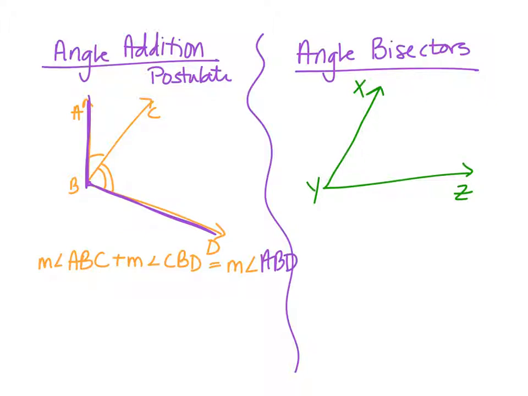So an angle bisector is a ray, generally, or a line. We'll call this BY for bisector. All right, so we've got to name this correctly, ray YB is an angle bisector.